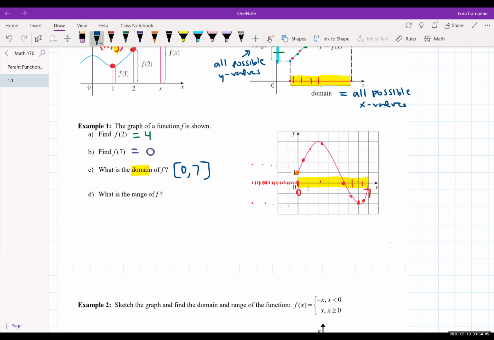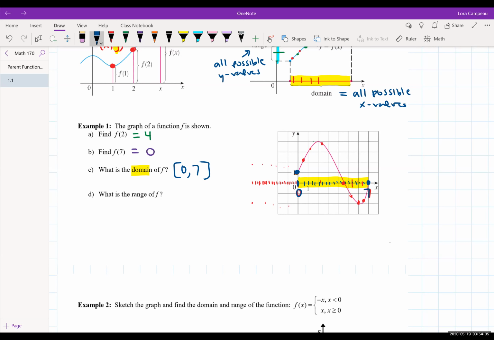And when we're using interval notation, just a reminder, we're using brackets to indicate that the 0 is included because we do have a clear function value at x equals 0. And also the 7 is included because we have a clear y value at x equals 7. Interval notation is also representing all the numbers in between, not just the integers. So we're looking at all the decimals and fractions as well if we're dealing with the domain.